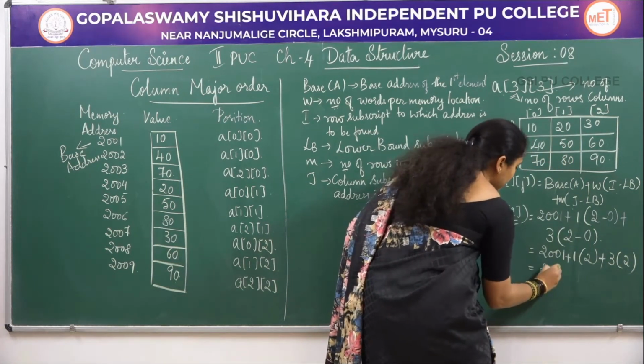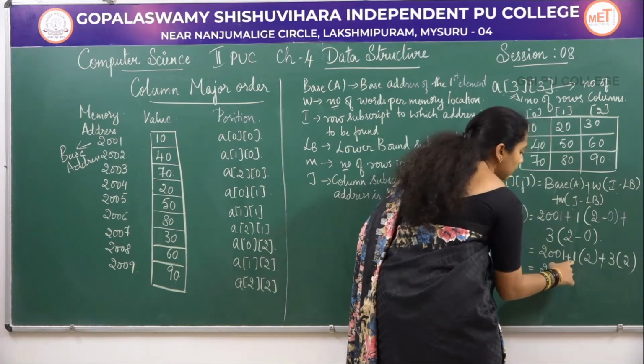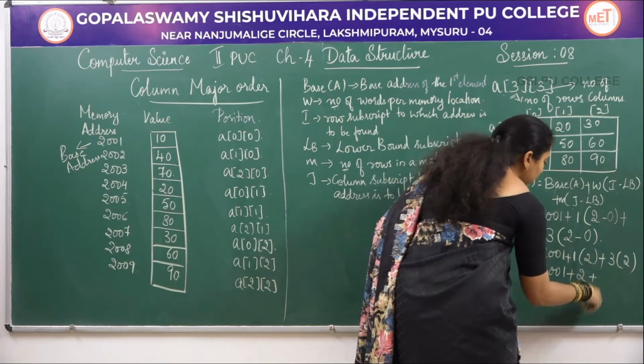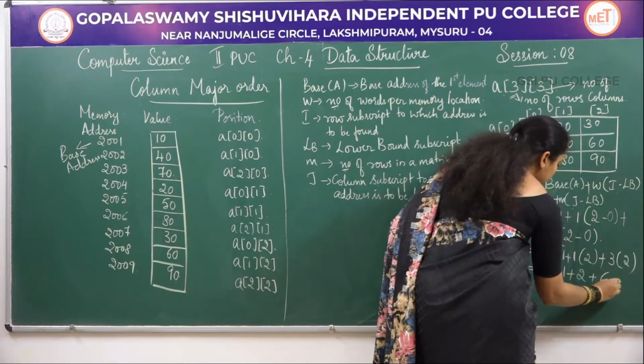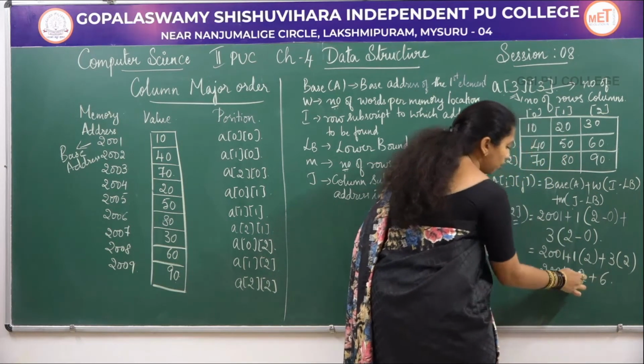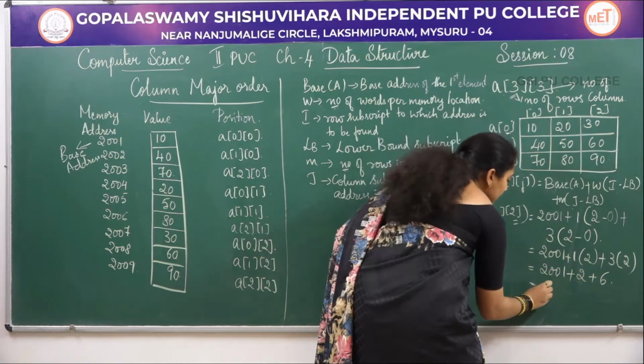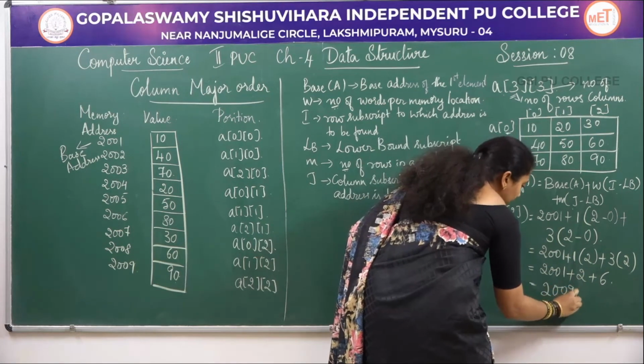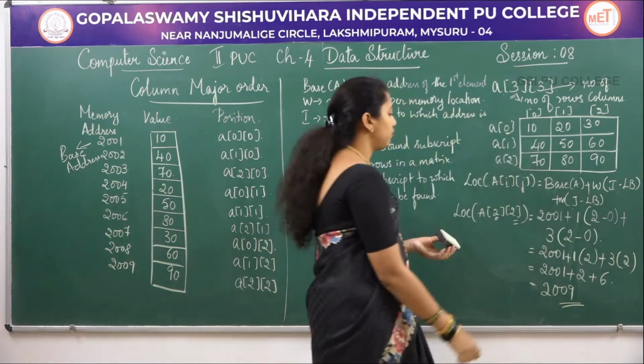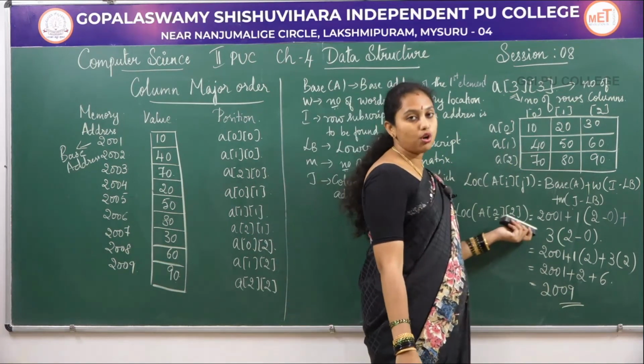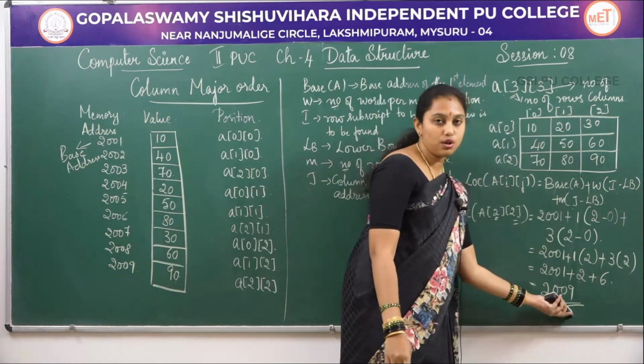So 2001 plus 1 into 2 is 2, plus 3 into 2 is 6. So 6 plus 2 is 8, 8 plus 1 is 2009. The memory address of location A of 2 cross 2 is 2009.